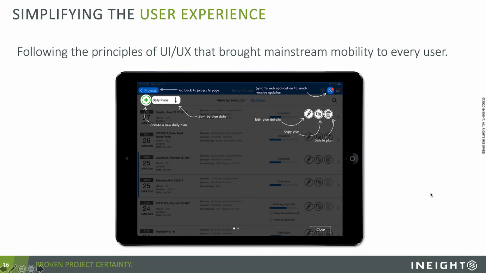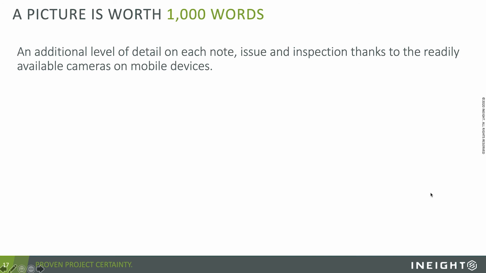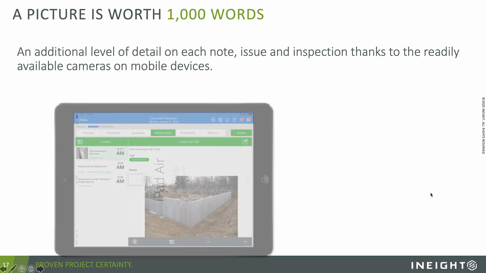And the final key in using mobility is that a picture is worth 1,000 words. When it comes to using mobile devices, the camera is with you all the time.